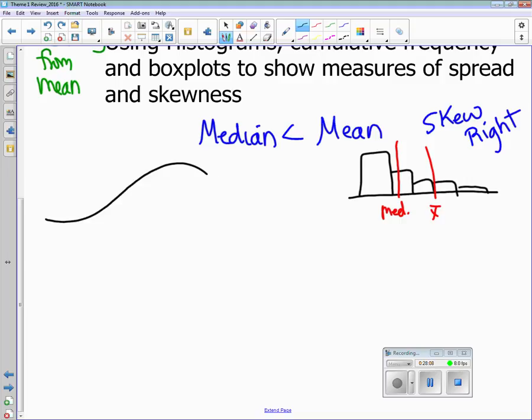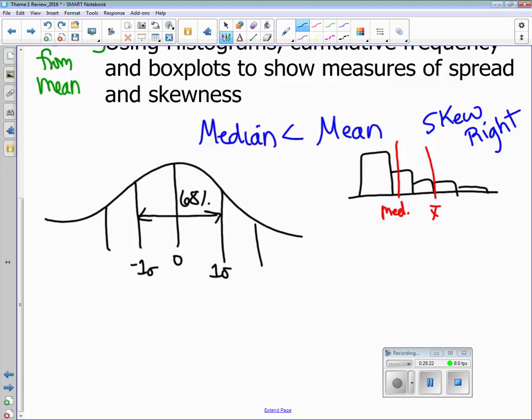Yes, very good. When you have a normal distribution, you can have one standard deviation above and one standard deviation below, and you have 68% of the data. Within 2 standard deviations, you're going to have 95%, and within 3 standard deviations, you're going to have 99.7%.